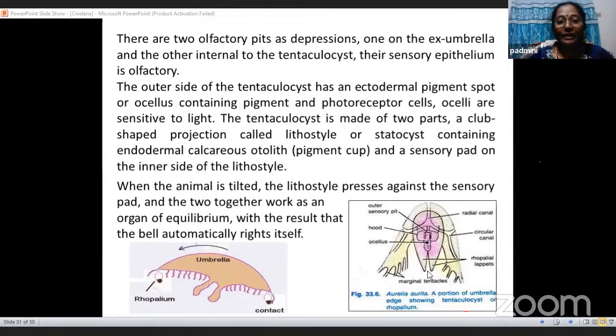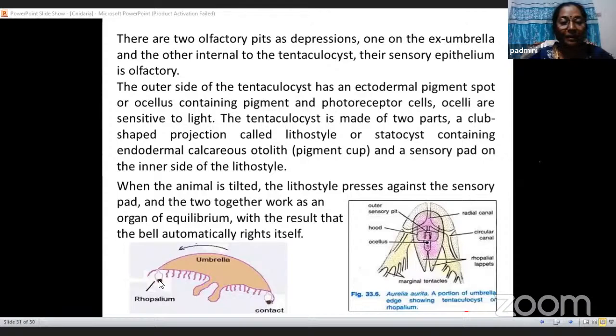The tentaculocyst is made up of 2 most important parts: a club shaped lithostyle. Can you see this club shape here? You can clearly see the club shaped lithostyle or statocyst, containing an endodermal calcareous otolith or pigment cup.